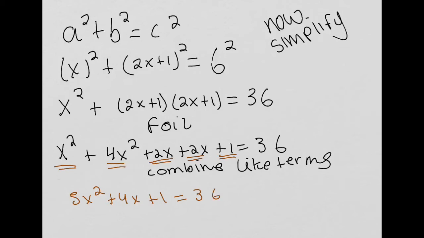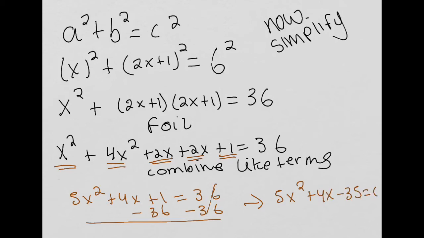I'm going to solve this using the quadratic formula, but first I'm just going to put it in standard form on this page. So that means I have 5x squared plus 4x minus 35 equals 0. That looks bad. Let's write it again, because it has to look a little bit nice. Oh, I don't have space.